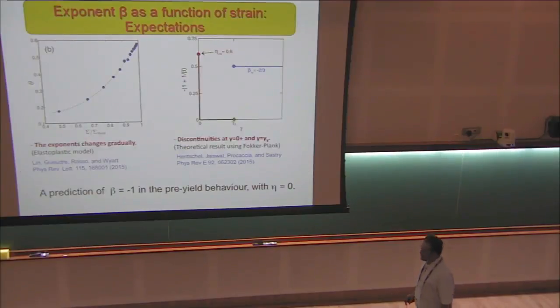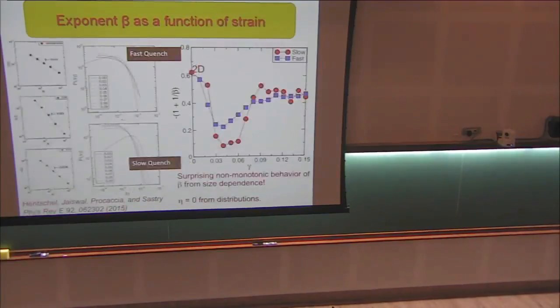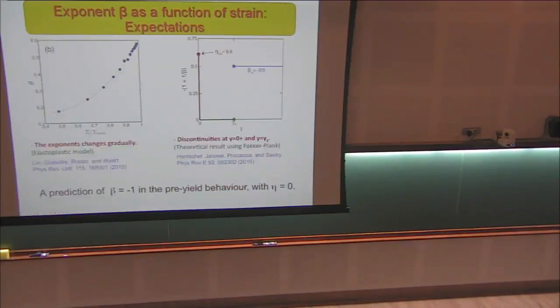There has been some analysis theoretically of what one should expect. In this work, the proposal that was made is that the behavior that one sees from the numerical simulations is actually some approximation of an idealized picture where as soon as you begin to strain a glass, there is a discontinuous change in the statistics of the distances to instability.